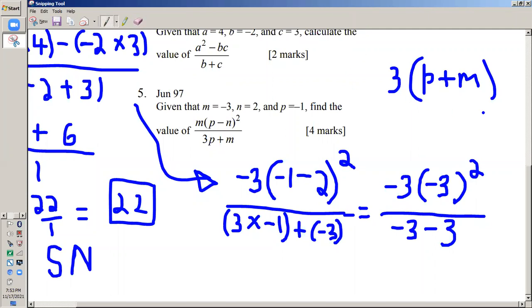This will be wrong because when you use the distributive law you get 3p plus 3m, and this is just 3p only. You're basically just making up your own question, dropping a bracket where you feel like putting it.